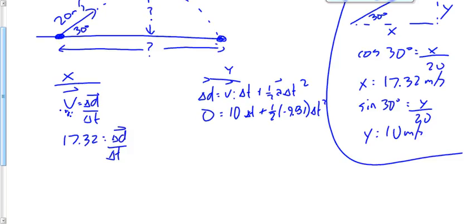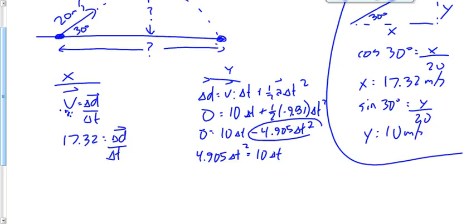Now, what I like to do here is simplify this a little bit. 0 is equal to 10 times time, subtract 4.905 t squared. All that is a half times negative 9.81. Now, let's take that entire term over to the other side. Simplifies it a bit more. Take it by adding because it's subtracted on the right side.